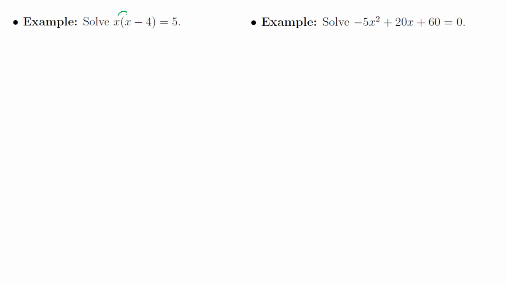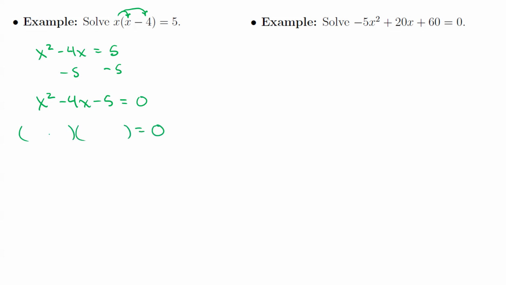So here you got to start by distributing through, and you get x squared minus 4x equals 5. And then get one side equals 0. Let's see.